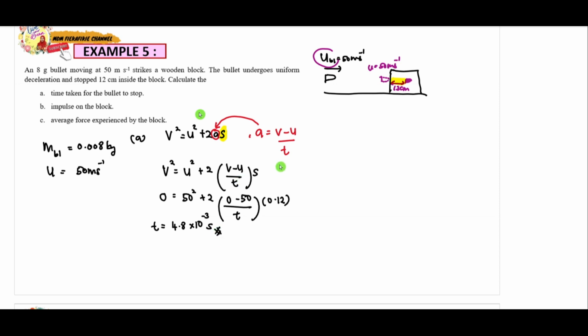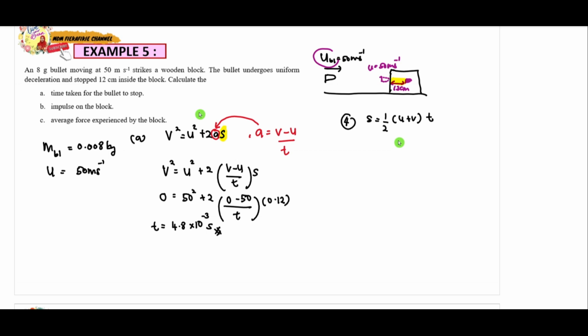Okay, ataupun you kata tak nak guna formula ini. Jika you pernah tengok video saya sebelum ni, saya ada perkenalkan equation yang keempat, iaitu after derivation we have S equal to half (U plus V) times T. Okay, kita pernah jumpa equation ni. Masa you sekolah pun you pernah jumpa. This equation is actually from the three basic equations yang you hafal, v = u + at, s = ut + half at squared, v squared = u squared + 2as.